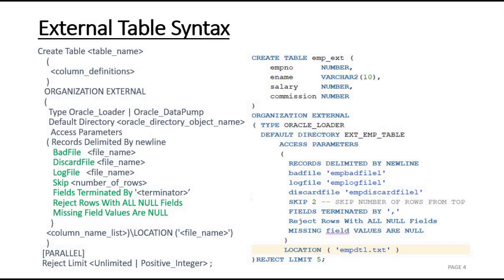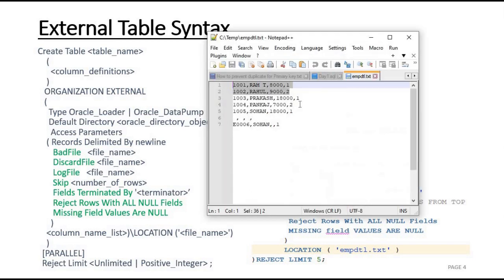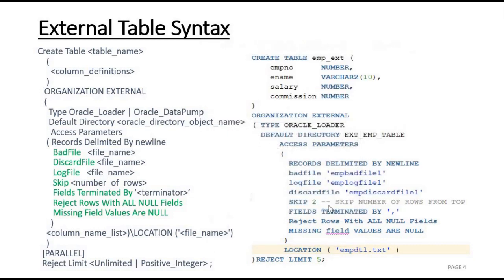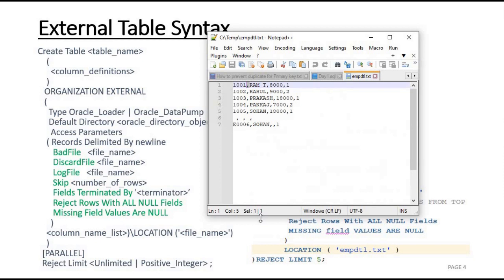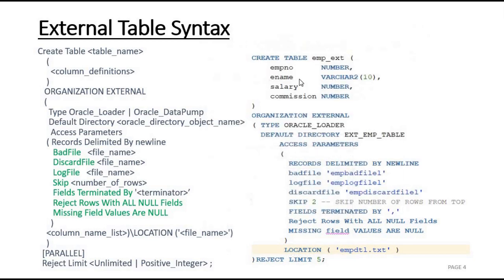Next is skip, to skip a number of rows. Let's say we have these many rows in a text file and I want to skip these 2 rows. So I can mention skip 2. Fields terminated by comma means that based on the comma, it will treat it as a new field.